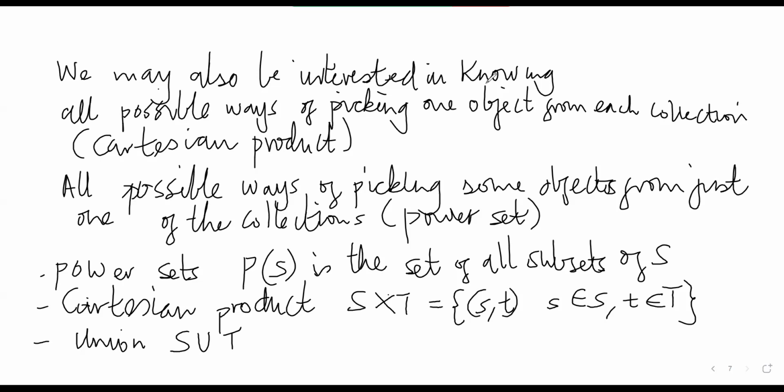S union T is just merging them, written as x such that x is a member of S or, the word or is synonymous with union, x is a member of T. It can be in S or in T. So you pick all elements that are in S and that are in T, but you don't repeat them. If they are both in S and T, you don't repeat them.